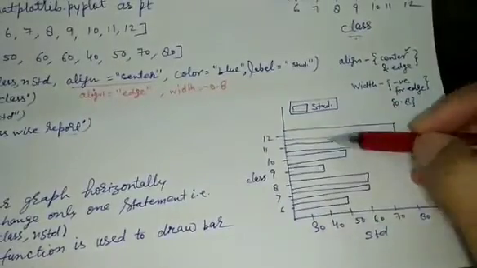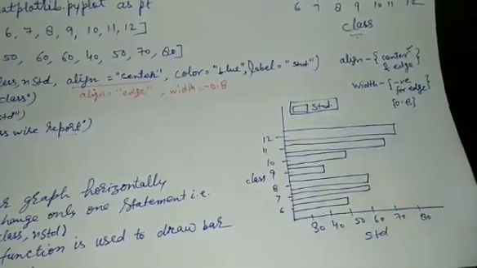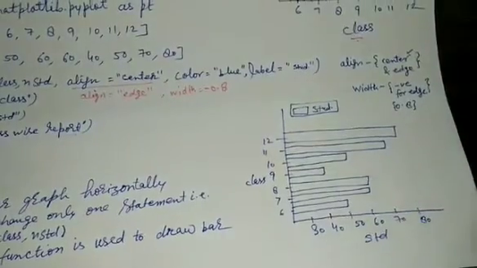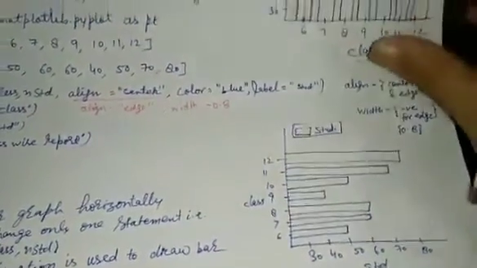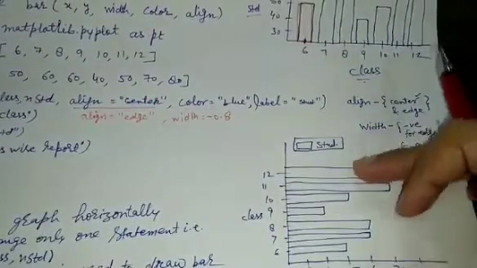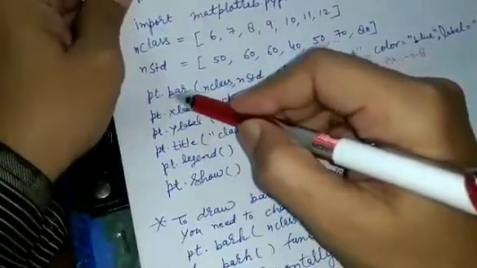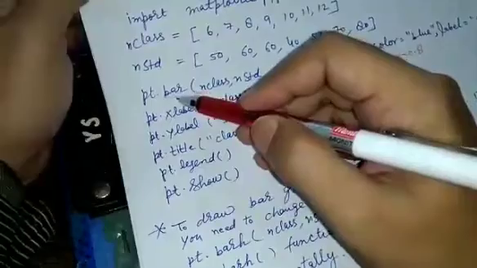Then if you want to draw horizontal bars on the bar graph, it is very easy to change this program into that one by just changing the function bar. If you change this function from bar to barh, and all the arguments will be the same, then it will draw the bars like that.